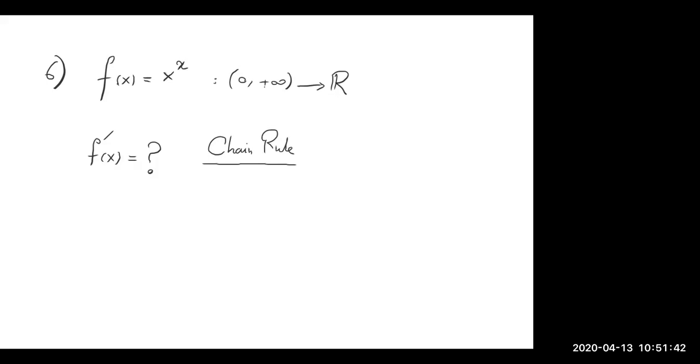So a better way to rewrite f of x is to say x to the power x is equal to e to the log of x to the power x, since e and log cancel each other. And one of the basic properties of log is that the power comes in front of log. It becomes e to the x log x.